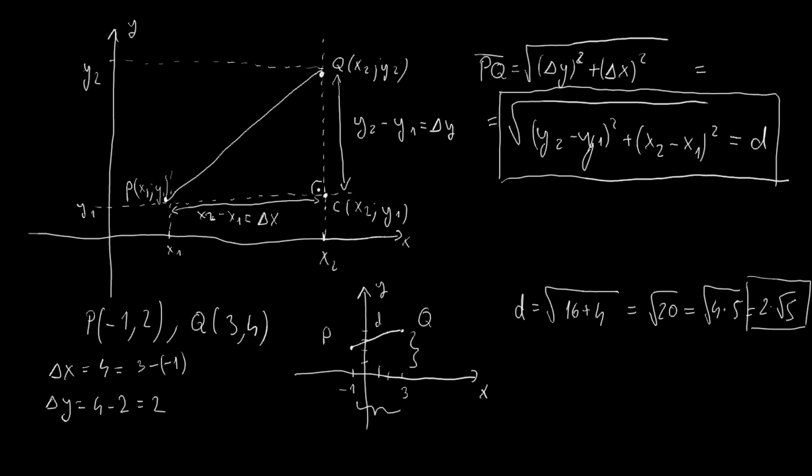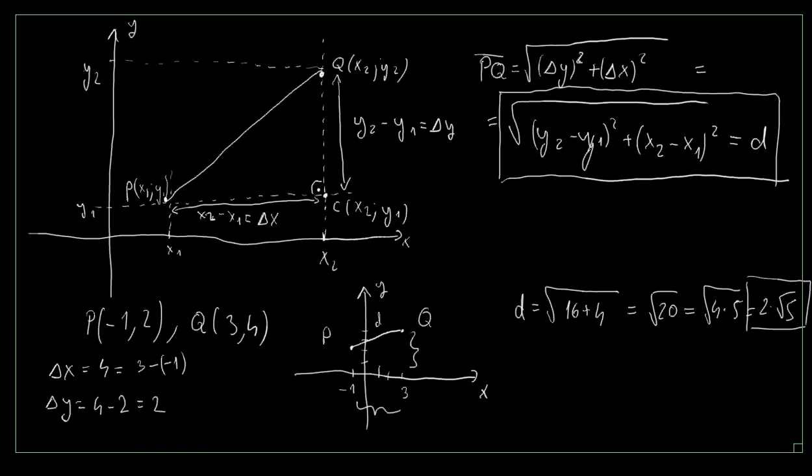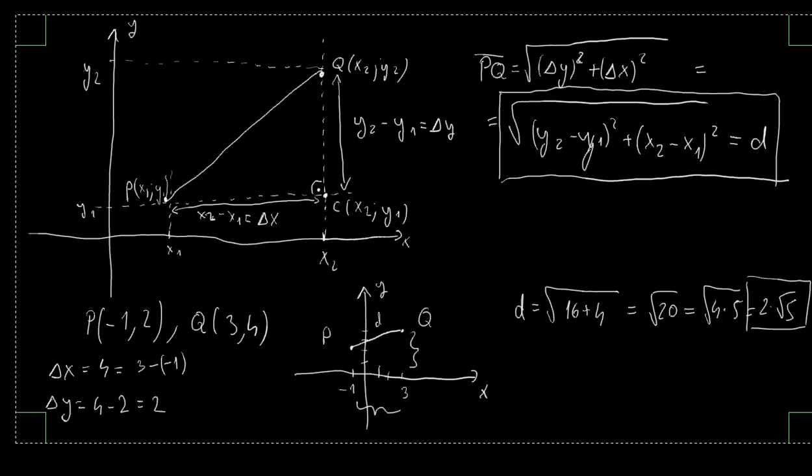Now calculate the distance. I just make some more space again. Okay. Now calculate the distance from the origin to P(x, y). So we have P(x, y), and we want to know the distance from the origin.